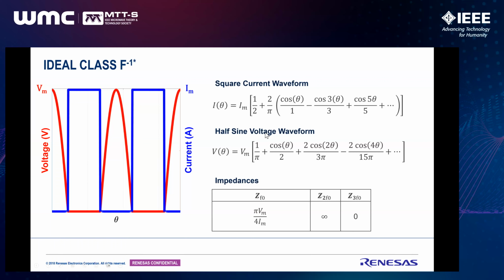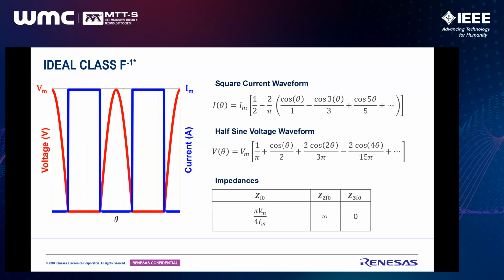If we see the Fourier components for the voltage and current, we see no harmonic power is going to be generated. That way we maintain again 100% efficiency for ideal inverse class F. Again, the catch is that we cannot have an infinite amount of harmonic terminations.